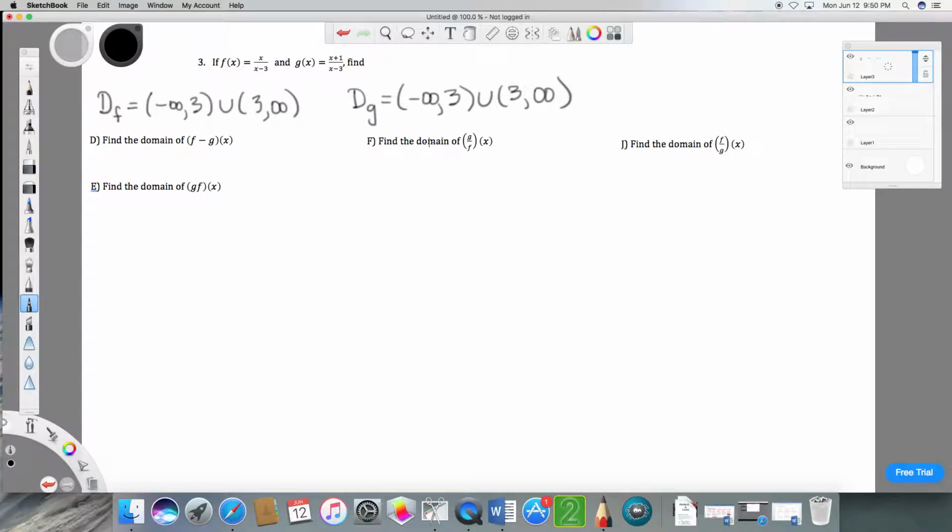So when we intersect these two sets to find the domain of f minus g, it is going to be the same answer as the domain of f times g, because you take the domain of f and intersect it with the domain of g. To be in the intersection, you have to be in both sets.